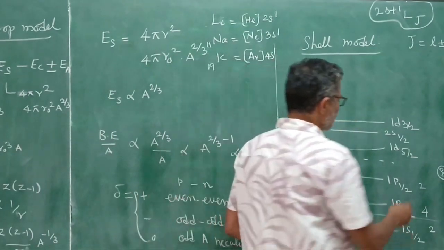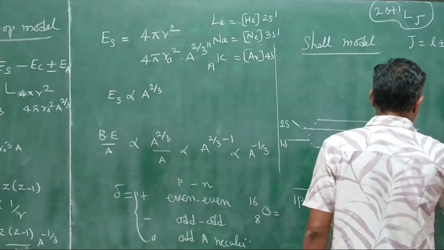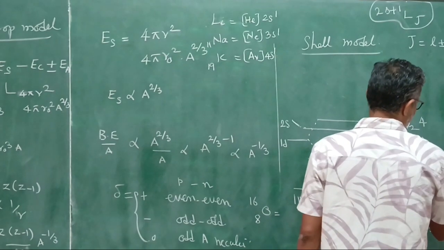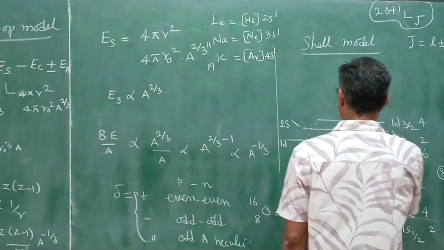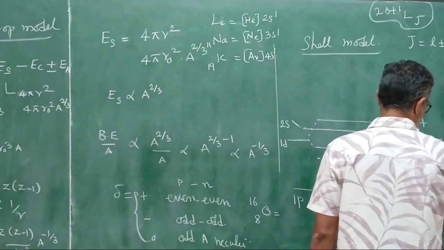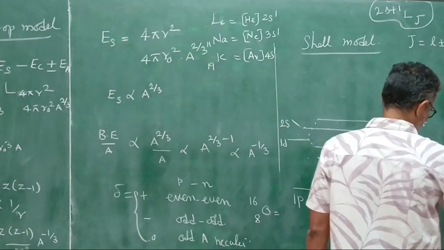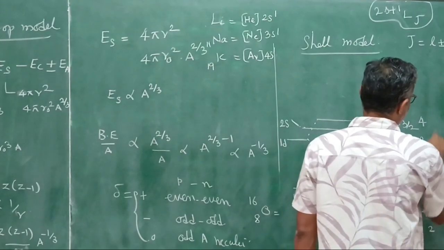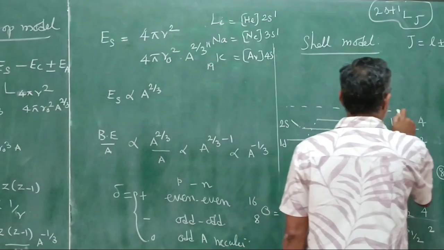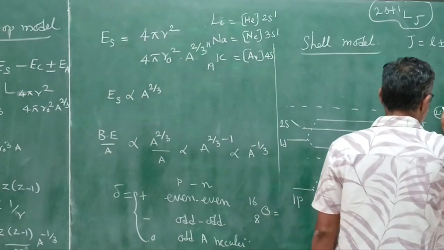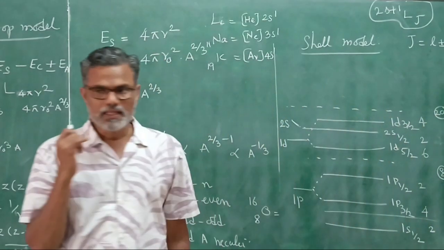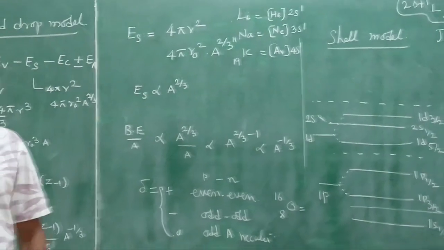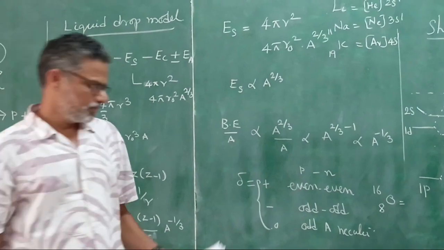So what you will have here is another 6 nucleons, 2 nucleons, and then 4 nucleons. So 8, 6 plus 2, so this is 2 and 8 here, and then up to this, total 20. So your 1D is filled and 2s is also filled. So that means another complete package.